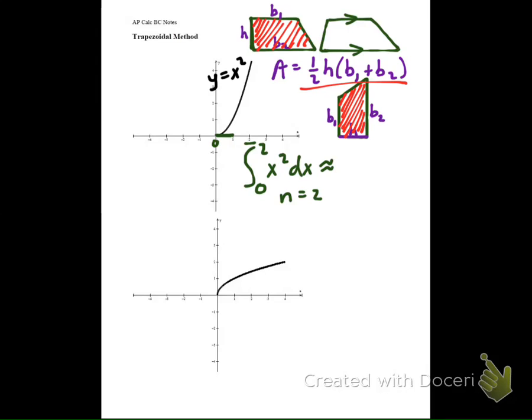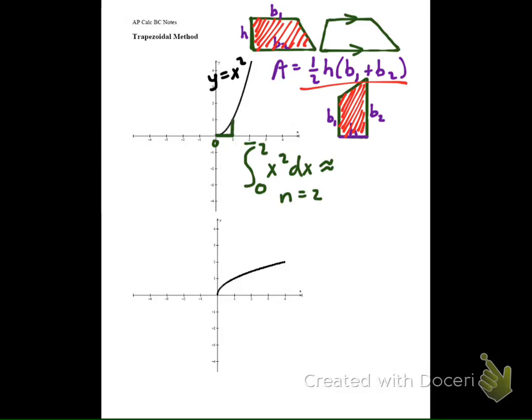Then from the left end point of the first subinterval, I draw a vertical line up till I hit the graph. Well, there's nothing to draw there because we're already on the graph. Then at the right end point, we go up till we hit the graph, and we stop, because we can easily figure out how high that is.